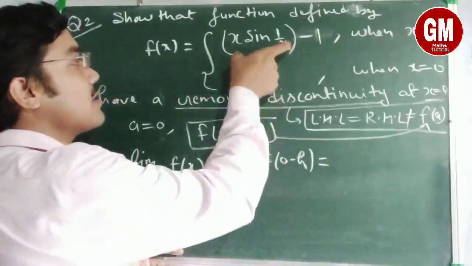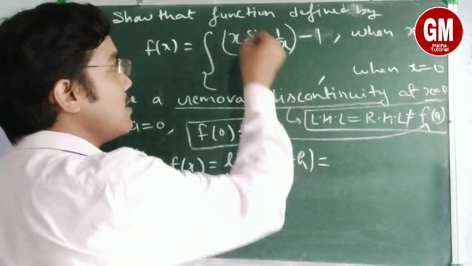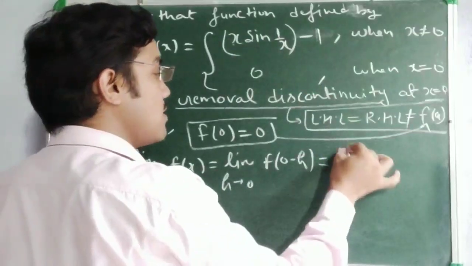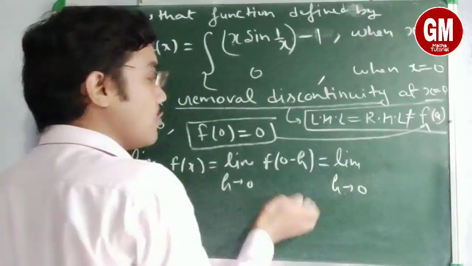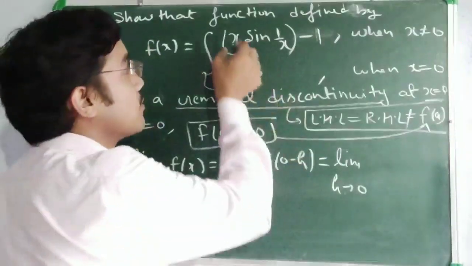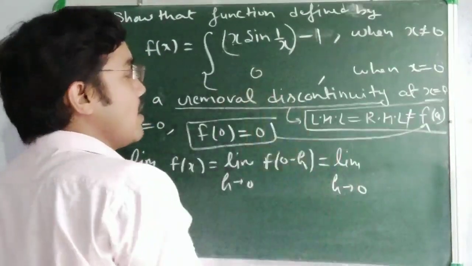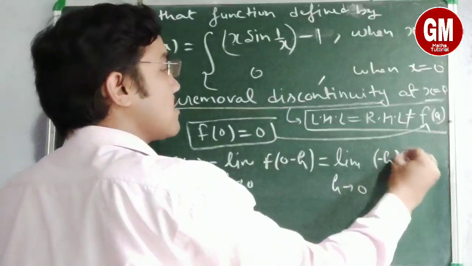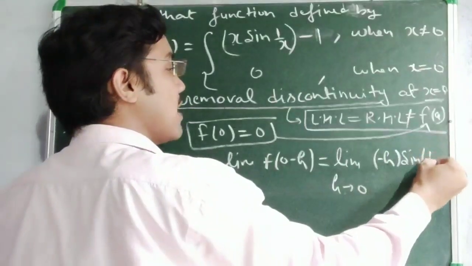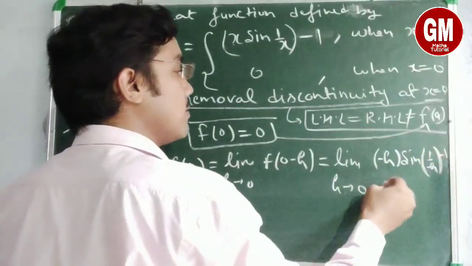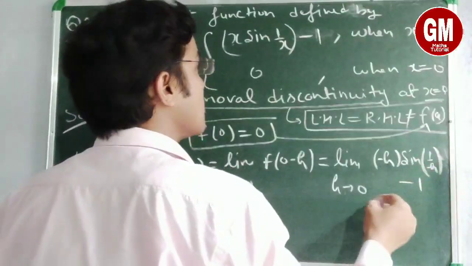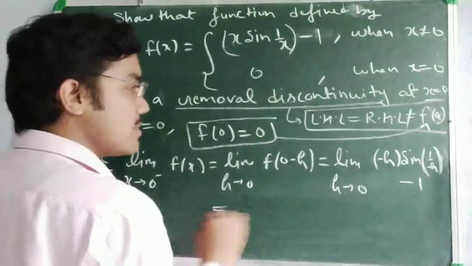Look at here, the function is this, putting minus h at that place: the limit h tending to 0, 0 minus h is minus h, so x becomes minus h, sine of 1 by minus h, minus 1, and that is minus 1. And look at here, what is the result?